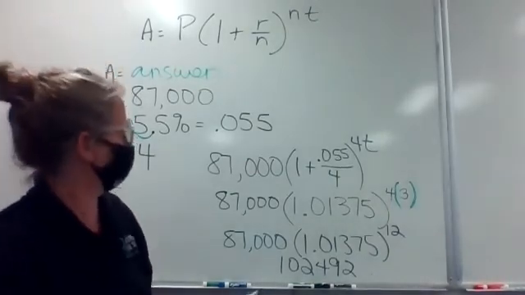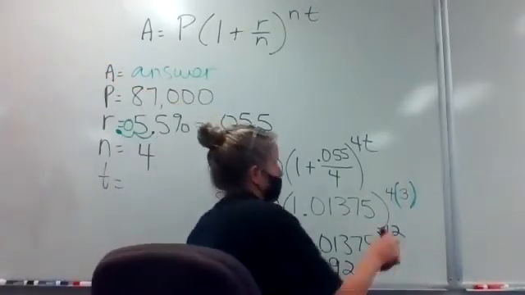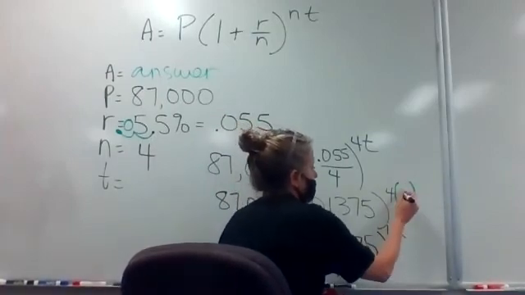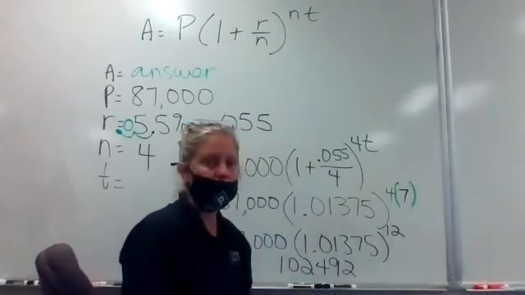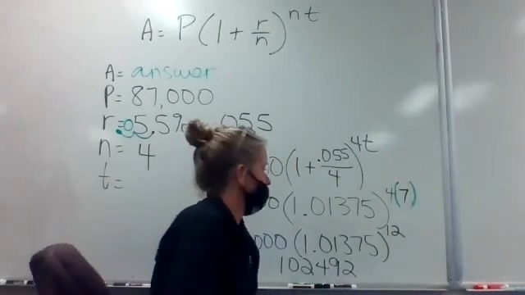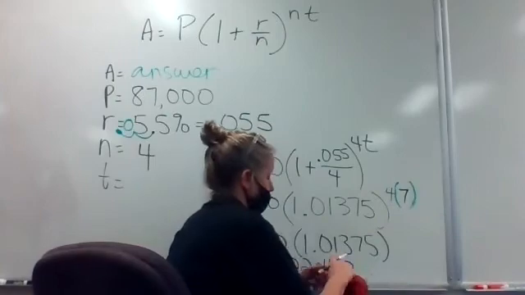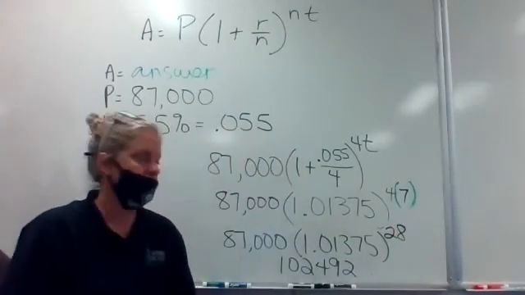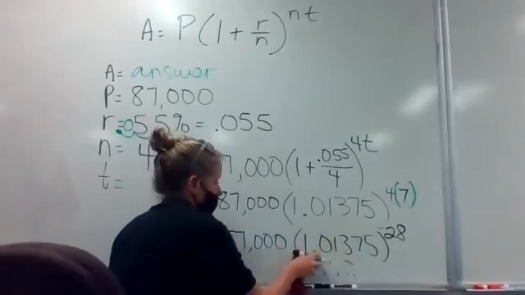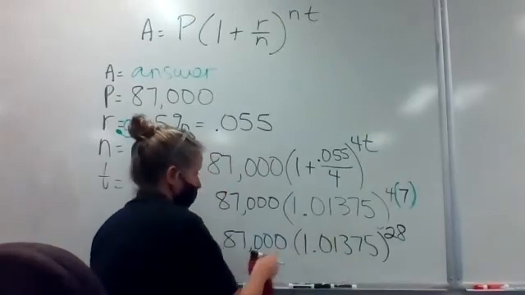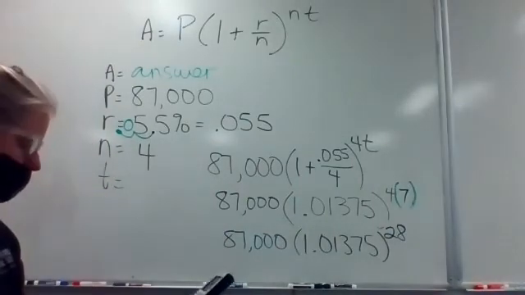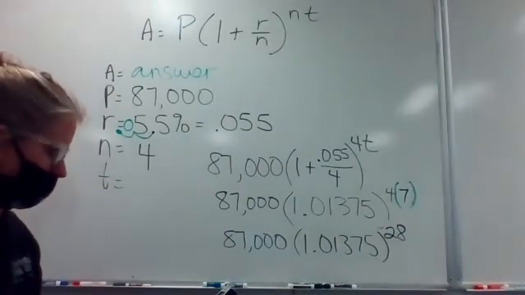Right, and then we'll just do one more. What about after 7 years? Again, the only thing changing is that T is now 7 years, which means now your exponent is 4 times 7, which is 28. And then I'll punch that in. So 87,000.